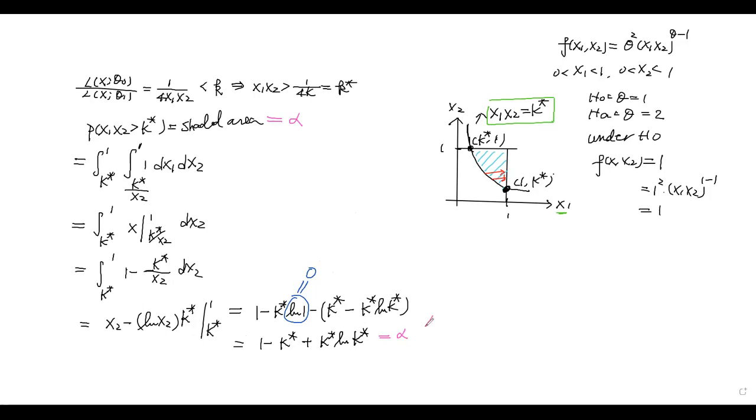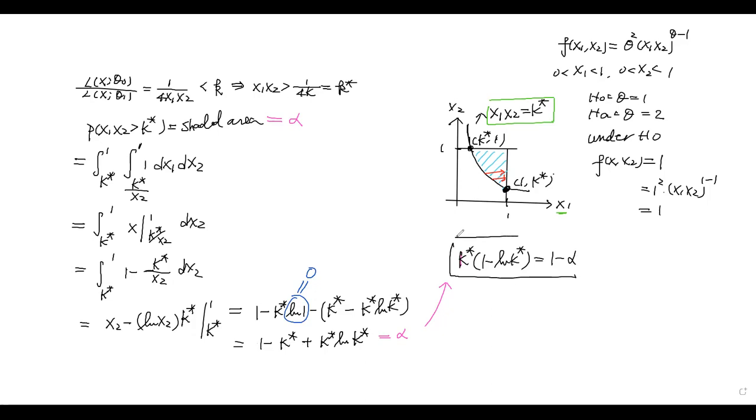So I subtract 1 from both sides. My left-hand side becomes k star, and I can factor k star out, giving 1 minus natural log k star, equal to 1 minus alpha. Basically, you subtract 1 from both sides and then take the negative signs on both sides. That's how we got here.